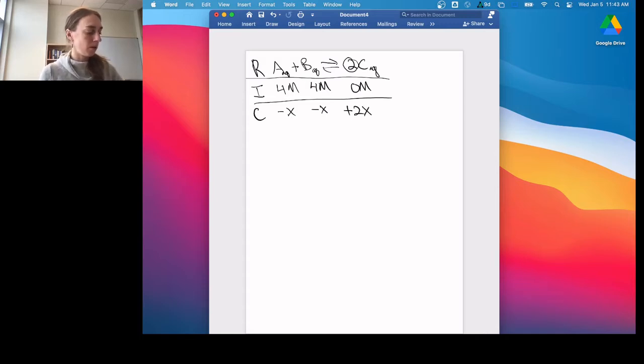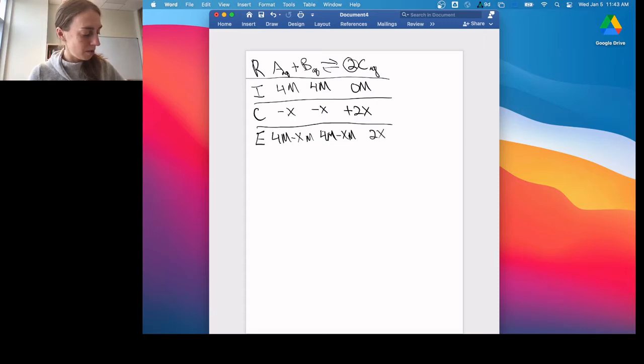So for every 1 mole of A and B, we're going to have 2 moles of C. And so at equilibrium, we will have 4 moles minus x moles of A, 4 moles minus x moles of B, and 2x moles of C. Okay, so this is great and all, but we still have unknowns and we need to figure out how to solve for x. So we can use our expression for our equilibrium constant.